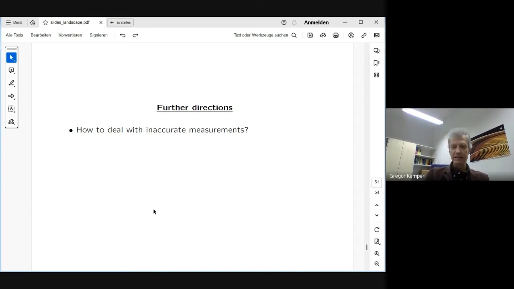Anyway, I'm getting to the end of my time and also to the end of the talk. So further directions. This is the ongoing part. I already said one or two words about how to deal with inaccurate measurements. When it comes to real life applications, this is of course the elephant in the room. How do you deal with that?